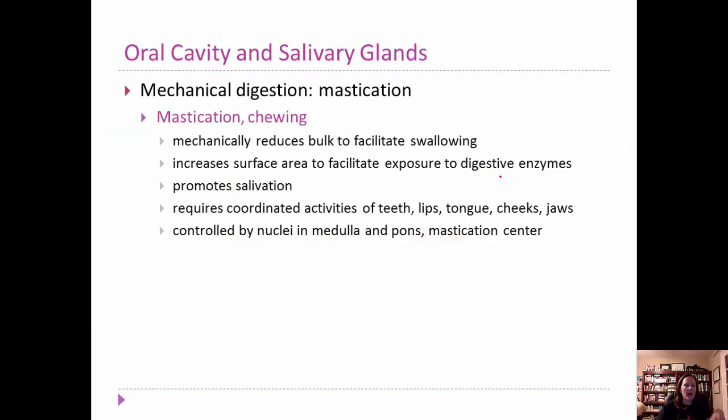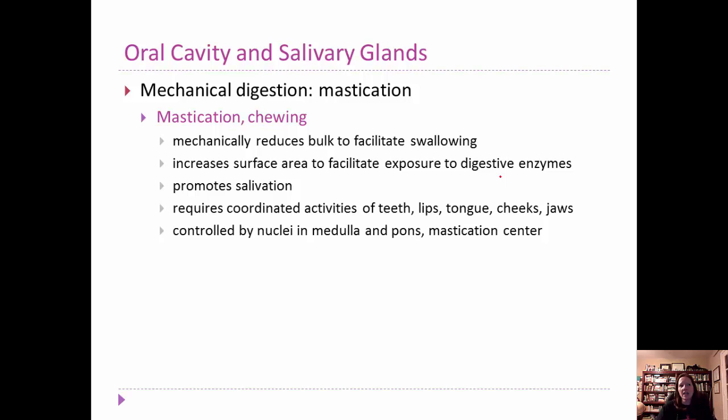Let's take a look at how we begin our mechanical digestion. Chewing is called mastication. What this does is help us break down food and reduce it to a size that we can actually swallow.